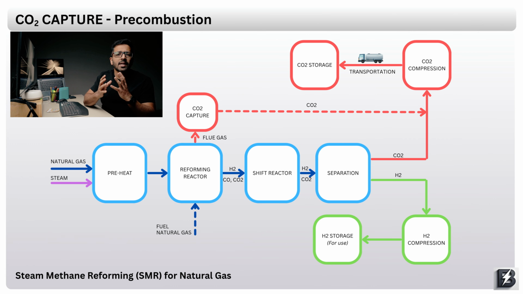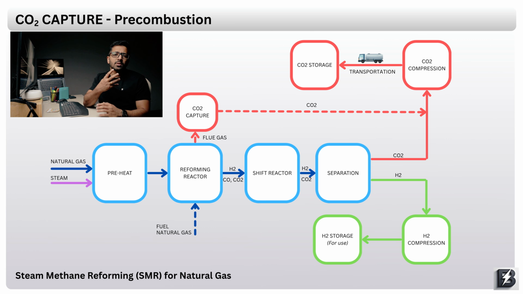SMR produces a very pure hydrogen, but there's a catch. Because it relies on fossil fuel, methane leaks must be tightly controlled and the process consumes a lot of energy. That makes CO2 capture less efficient unless the system is very well designed.